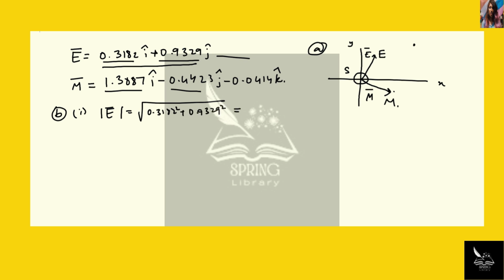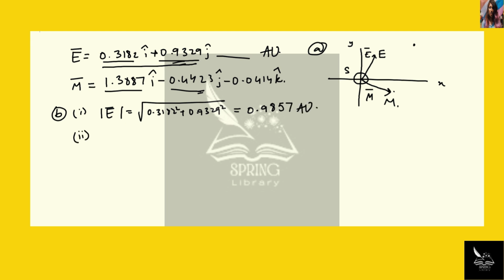Notice that all of these numbers are in units of AU, astronomical units, and this number turns out to be 0.9857 AU.